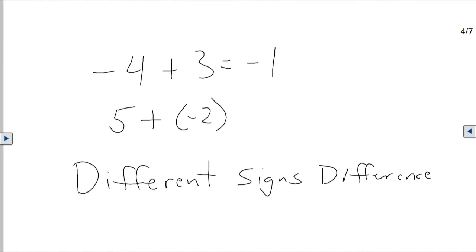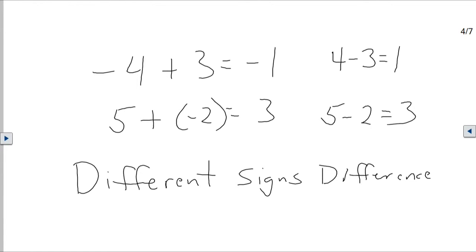What do we do with 4 and 3 to get 1? We subtract. So we want to take the larger absolute value, which in this case would be 4, minus the smaller absolute value, 3. 5 minus 2 gets us 3.